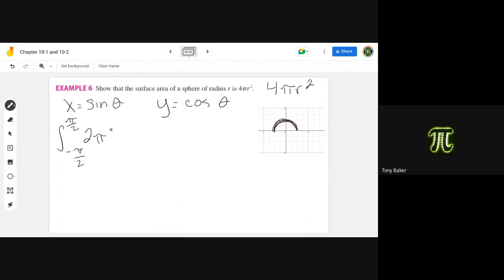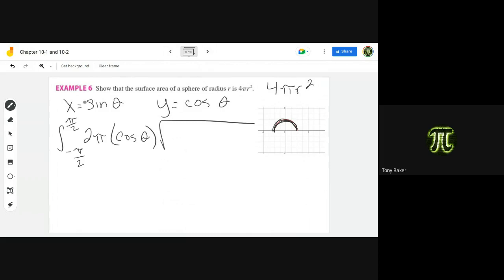So I've got 2 pi. My y is going to be that, so cosine theta. And then I do the derivative of each one. Oh, I forgot one thing.